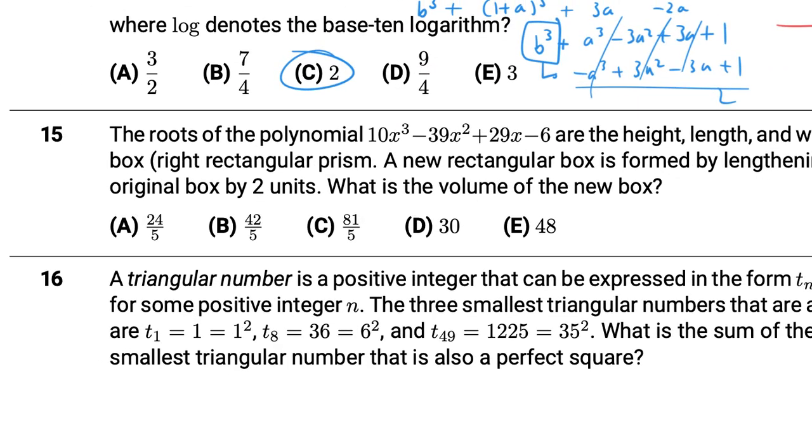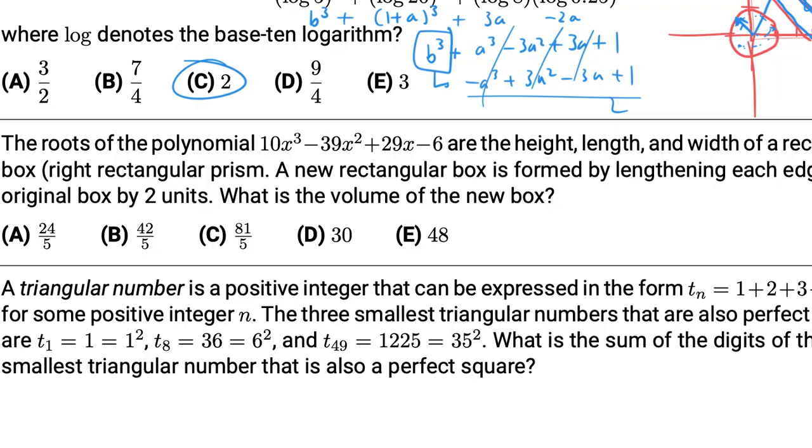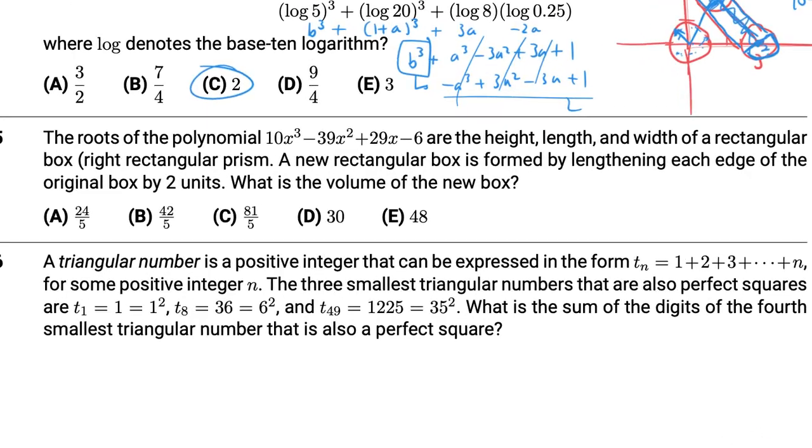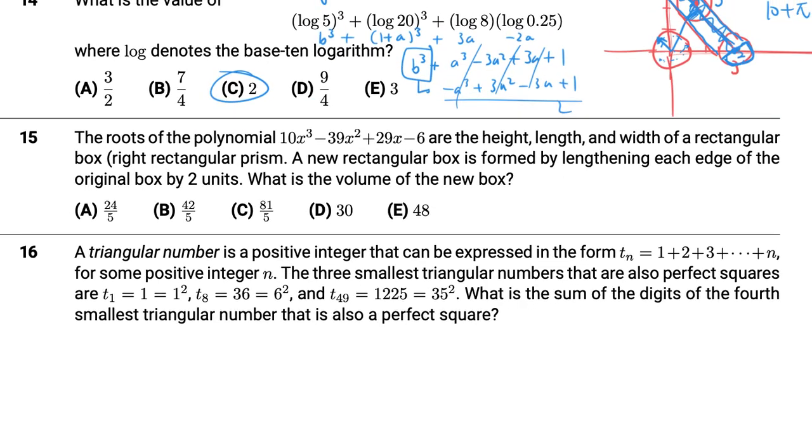Right. The roots of the polynomial are the height, length, and width. A new rectangular box is formed by lengthening each by 2 units. So this is just Vieta's. We would see that if we have x1, x2, x3 as solutions to this, then its original volume is, or actually, we don't care about its original volume at first.